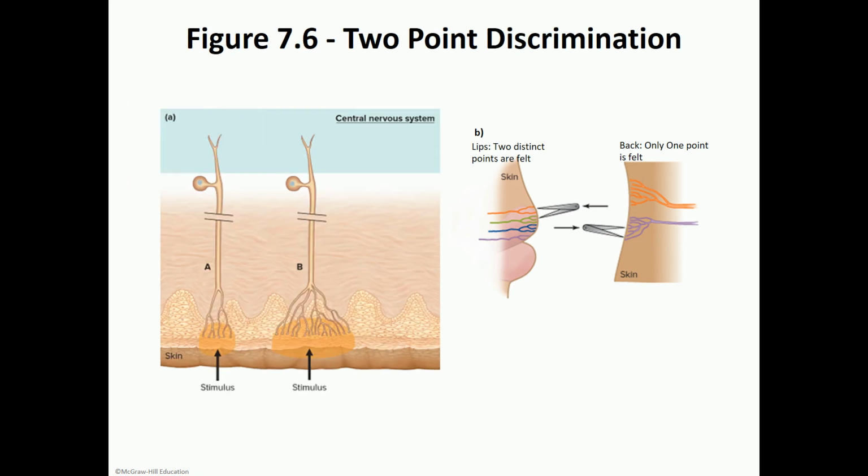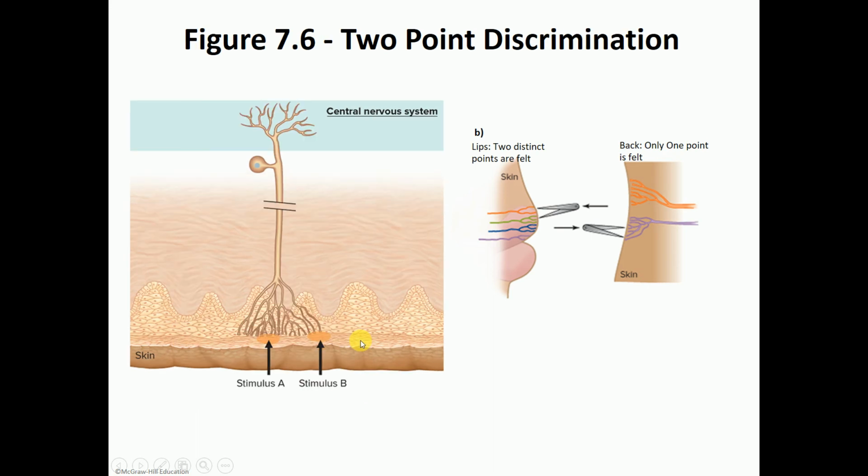But if you're in an area where you have lots of sensory neurons, the brain will be able to interpret these 2 different stimuli as 2. Okay, and that again would give you that ability to discriminate between these 2 points. So this individual will say, yes, there are 2 points being stimulated. In this example, they would say that there's only 1 point stimulated because both of them are stimulating the same sensory neuron.